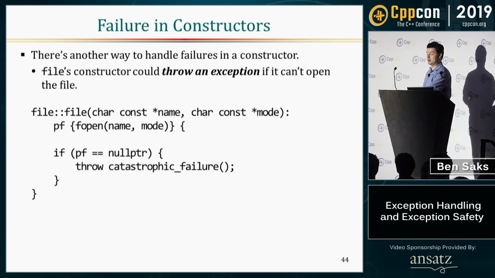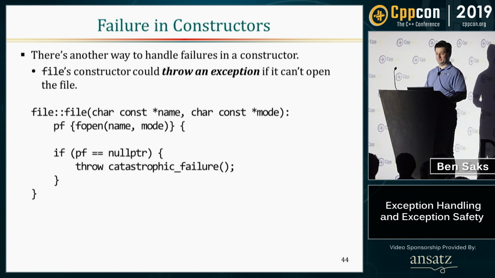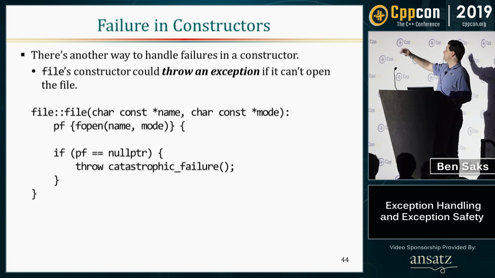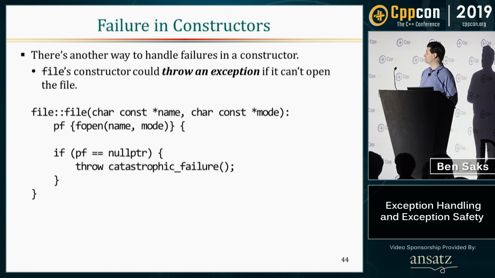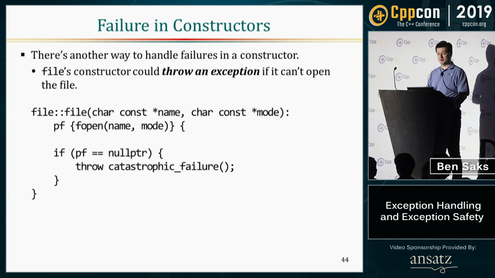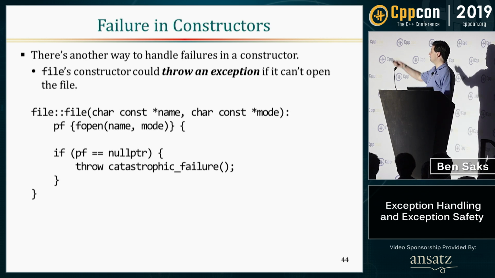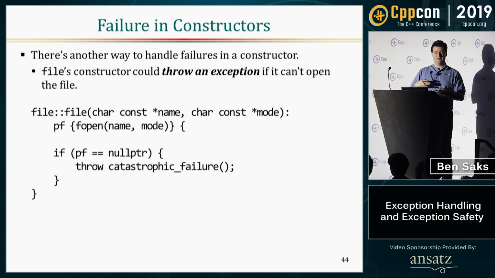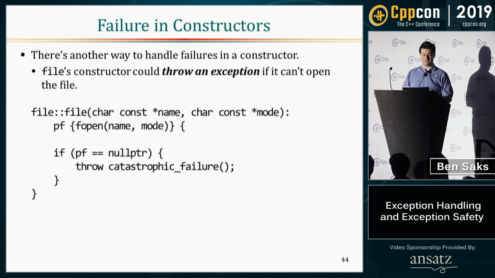Another thing that we could do, though, is make the file's constructor throw an exception if it can't open the file. So we could check for the null pointer condition inside the file constructor after we've called fopen. And in that case, we throw something like catastrophic failure to indicate that the file couldn't be opened successfully.